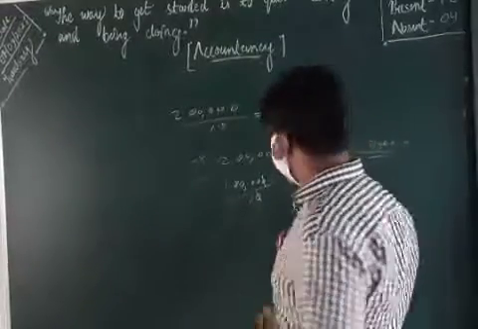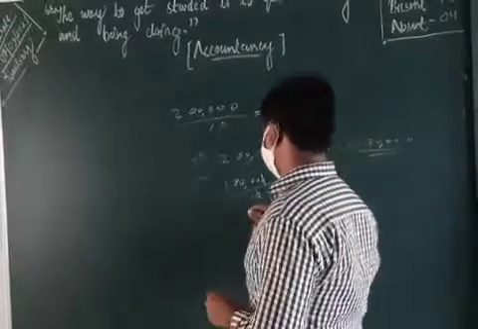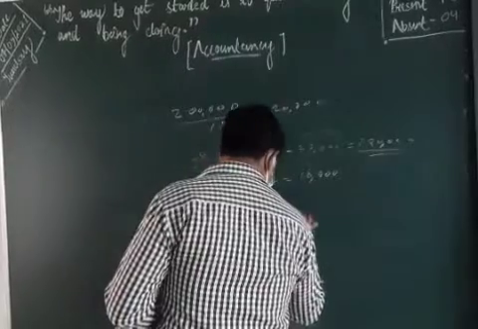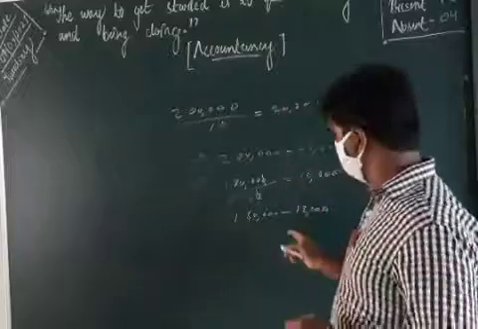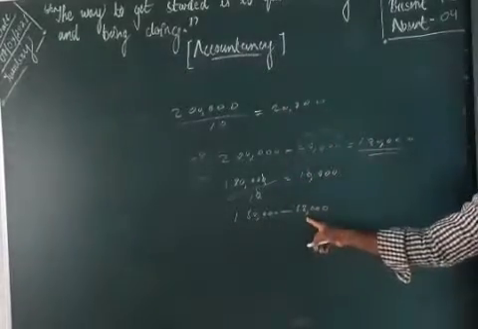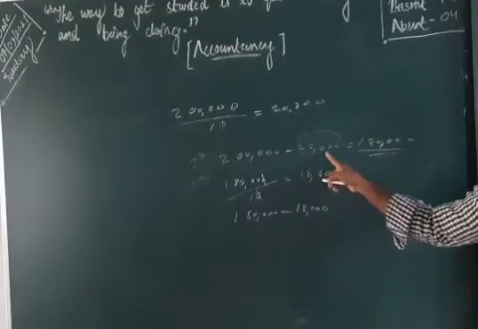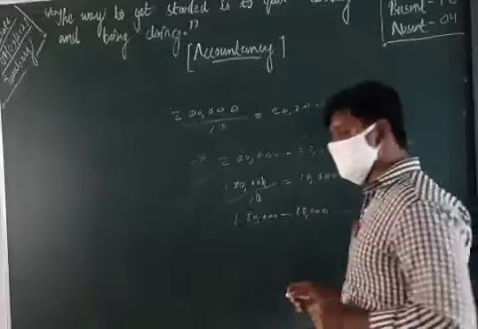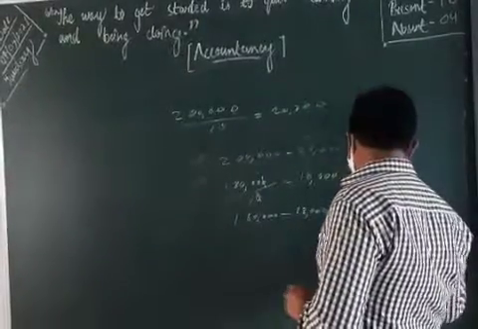Now from the asset we reduce this: 1,80,000 minus 18,000, not 20,000. This year the 10% depreciation is 18,000, not 20,000. You understand now? How much do we get? 1,62,000.